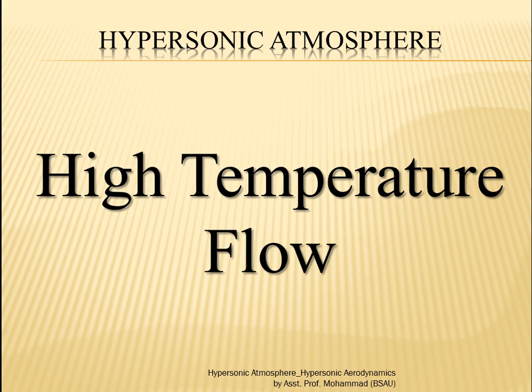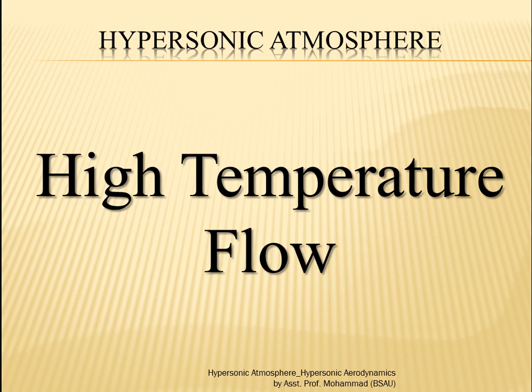So when this ablation happens in the boundary layer, not only the ionized molecules or gases will be available, even the complex hydrocarbons, which are the product of ablation, are also available.